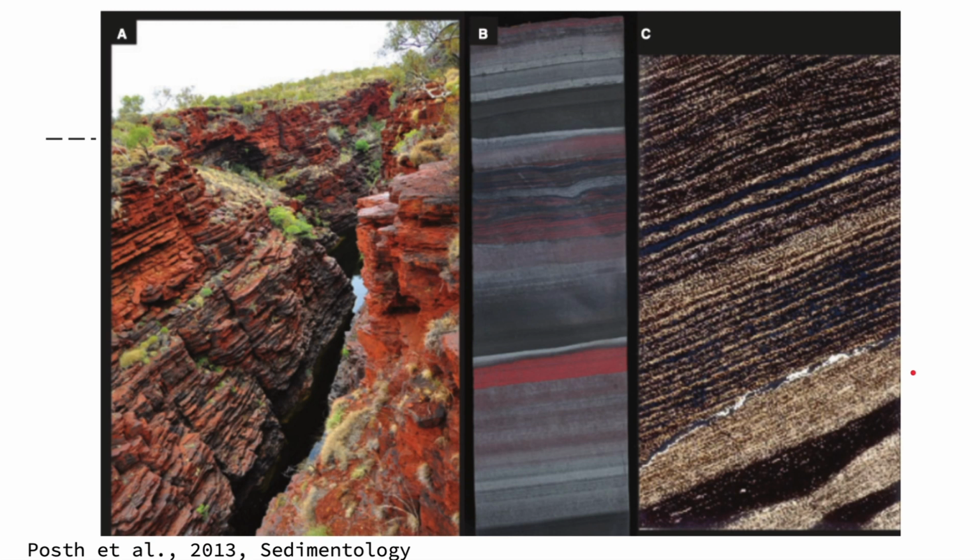So here I'm just showing you on different scales, so at the outcrop scale, hand sample scale, and thin section scale, or microscopic scale, what these alternating layers of chert and iron oxides look like.